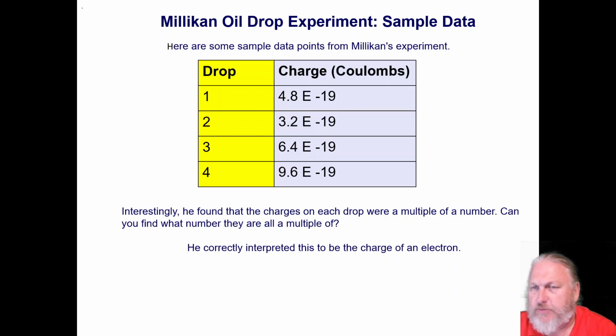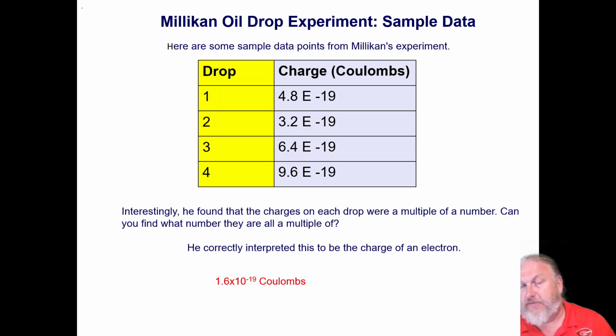If you took 1.6 or 16, those would go into each of those numbers. So he was able to determine what the charge of the electron was. And he correctly stated that the charge of the electron was 1.6 times 10 to the minus 19th coulombs. So that's the charge of an electron.